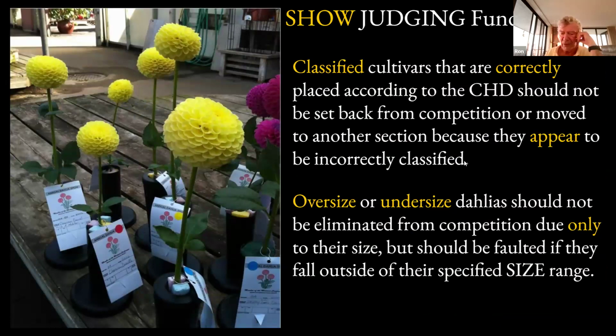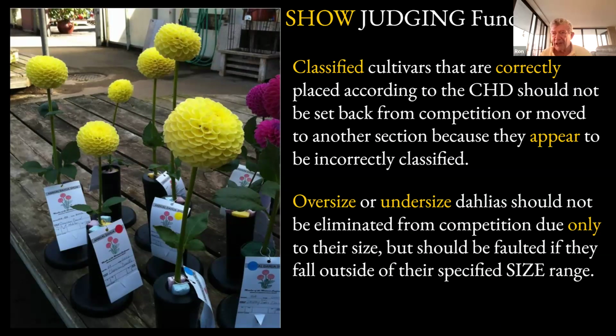Yeah, this is an interesting one because I agree with one of them. Cultivars need to be shown in the class that they are classified. In spite of the way it looks, if it's classified as a miniature ball, it needs to be in that class.